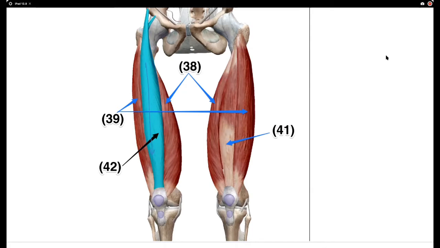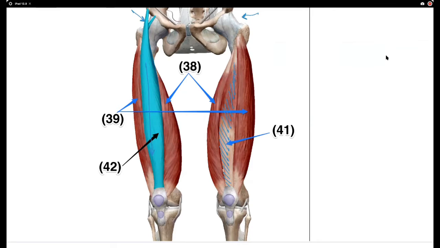And it is the most superficial. Here on the right side, I have it. But on the left side, I've dissected the muscle to show you the fourth muscle located underneath it. So this one here, number 41, is hidden by 42.